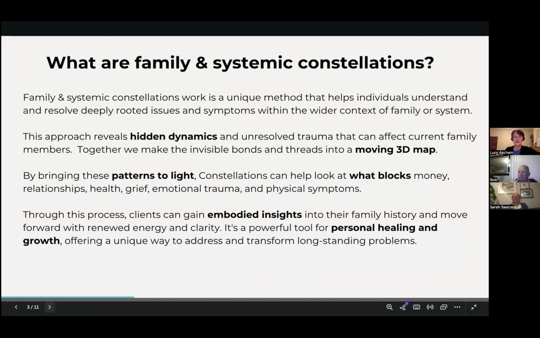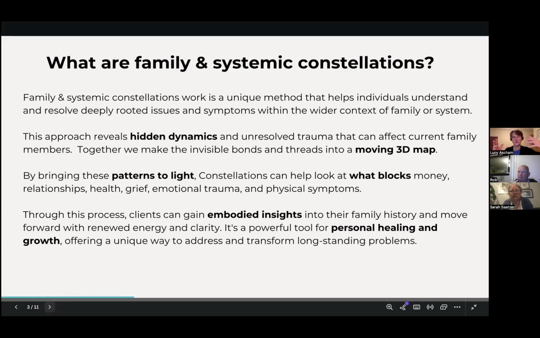So the constellations, the name, I think, comes not from astrology or the stars themselves, but more trying to look at the particular pattern of where we are in our family in the wider context of that system.